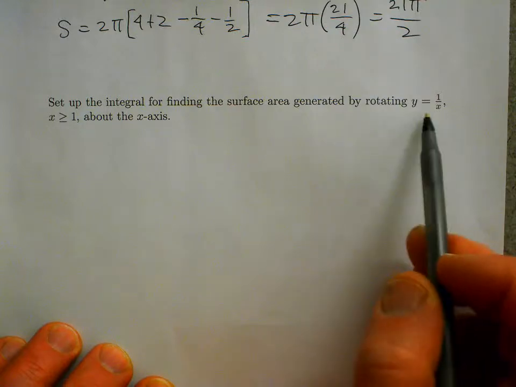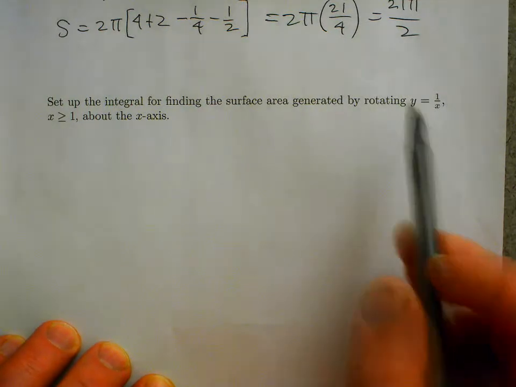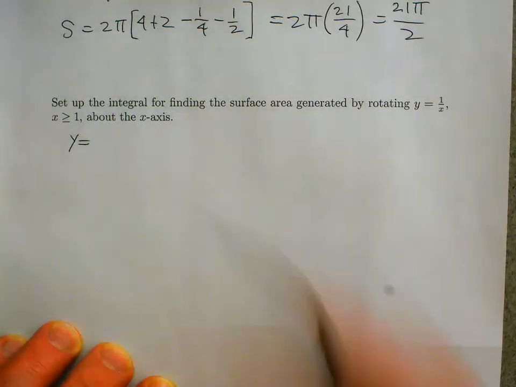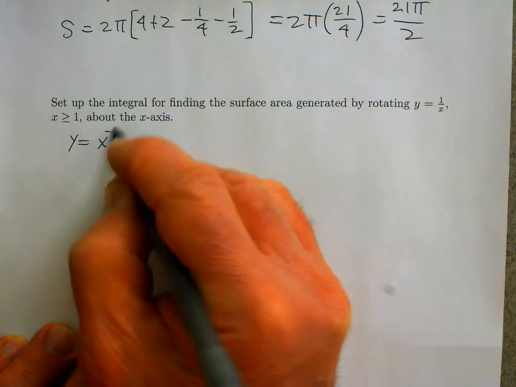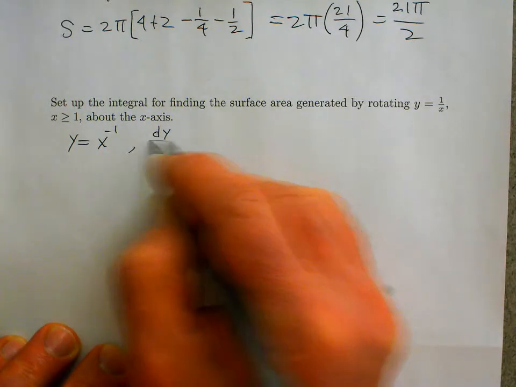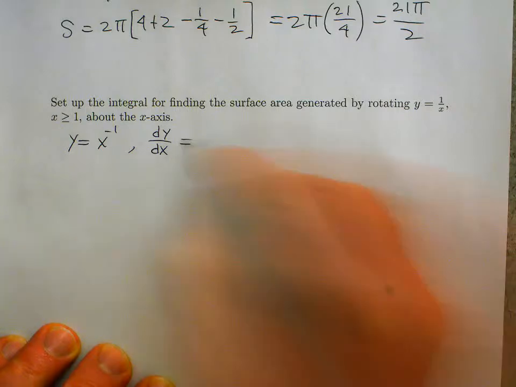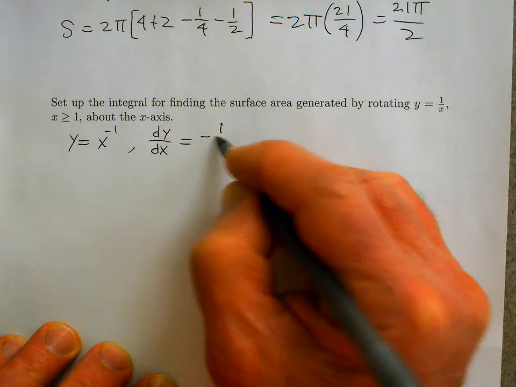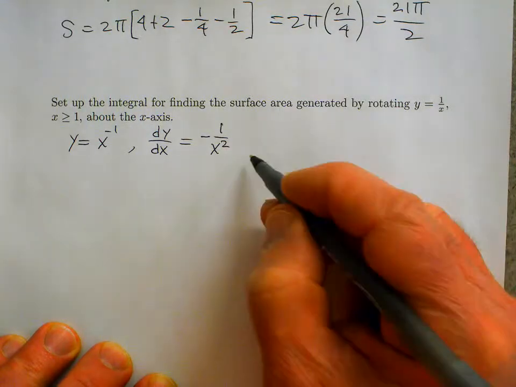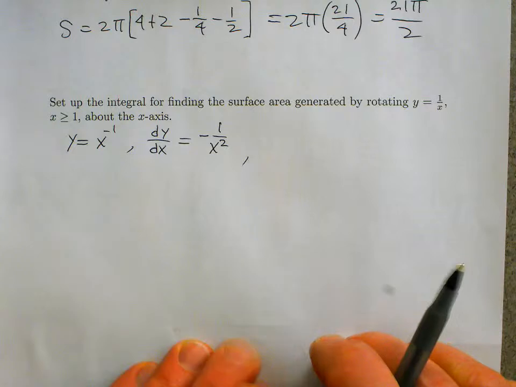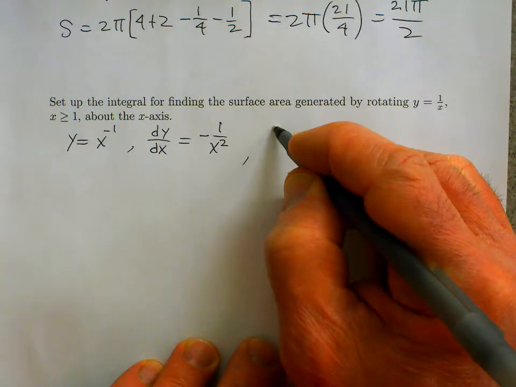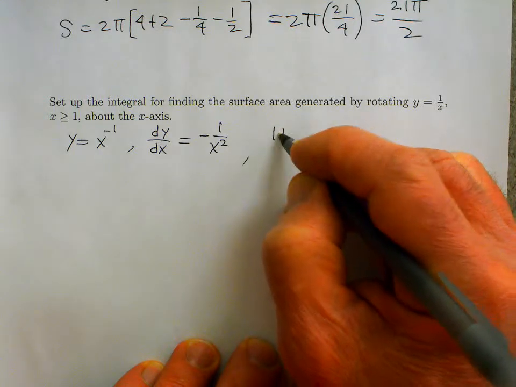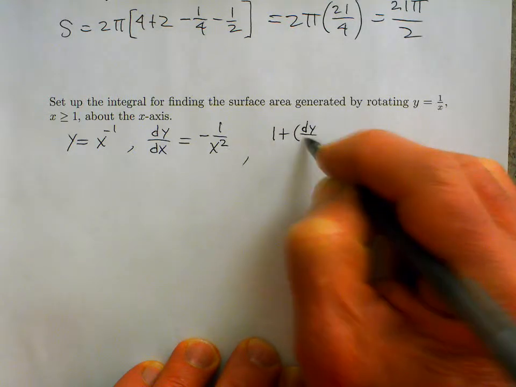Okay, but we go about finding the integrand the same way that we've been doing. So you can think of 1 over x as x to the negative 1. And so dy/dx is negative 1 over x squared. And inside the square root of the surface area formula, we want 1 plus the square of the derivative.